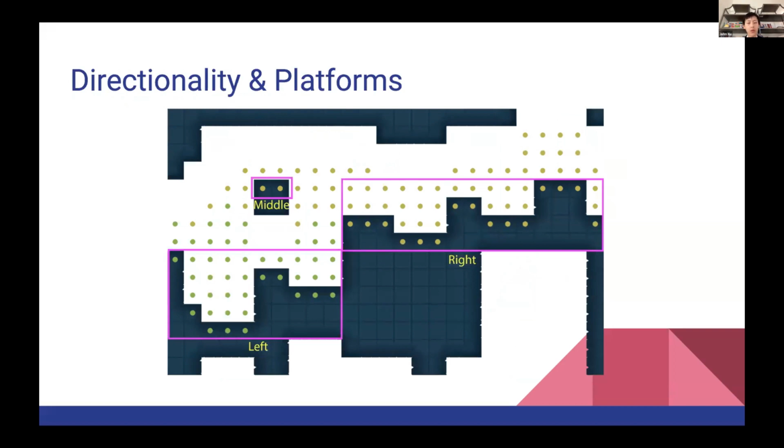So how the platforms are defined: they are all the ground tiles, the tiles which the player can walk on, all the ground tiles that are connected by the player's movement. One obvious example is how we divide the left and right platforms in this case. As I said, there can be multiple platforms in a room.